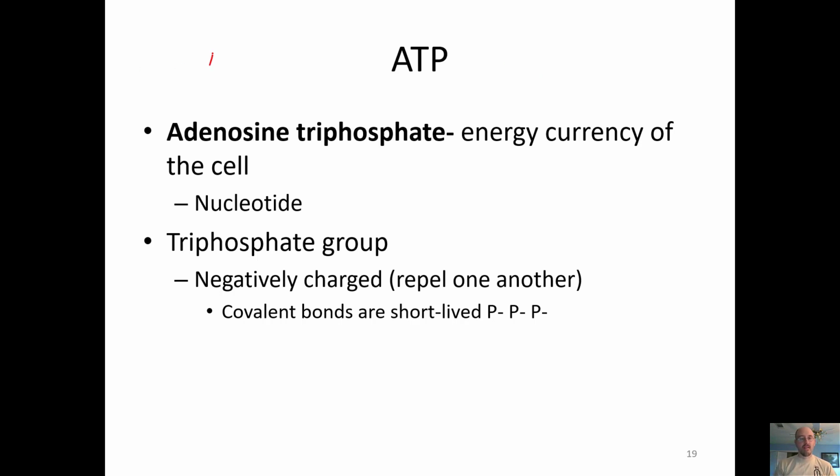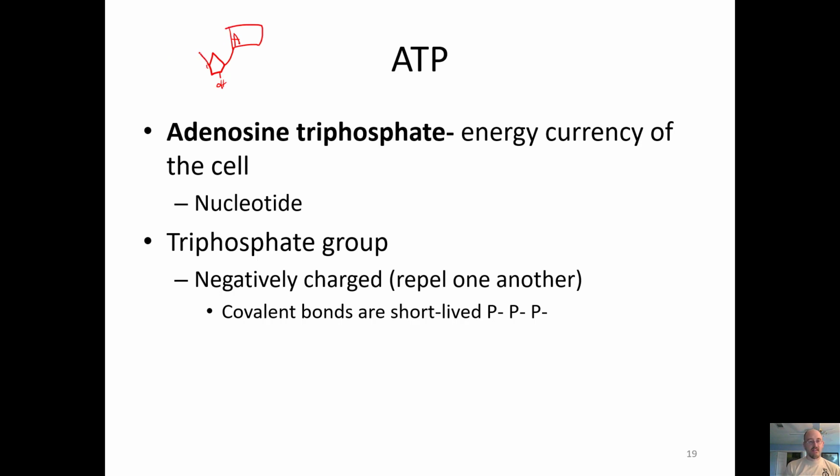ATP has a 5-carbon sugar. Now it has an OH there, so a little more like RNA perhaps, right? And it's going to have adenosine over here, right? I'm not going to draw the molecule.